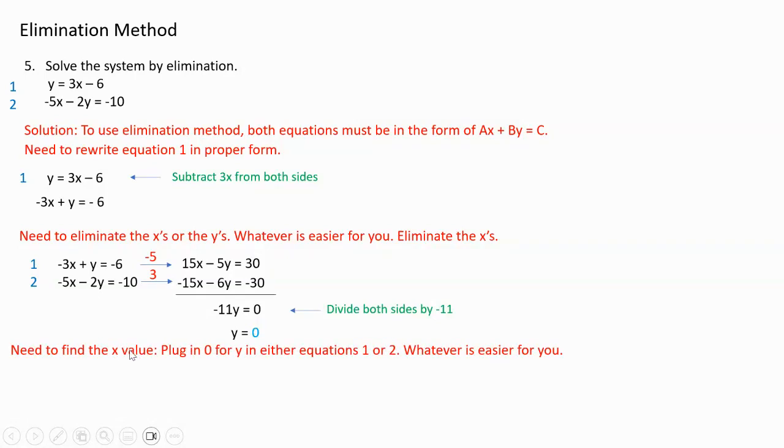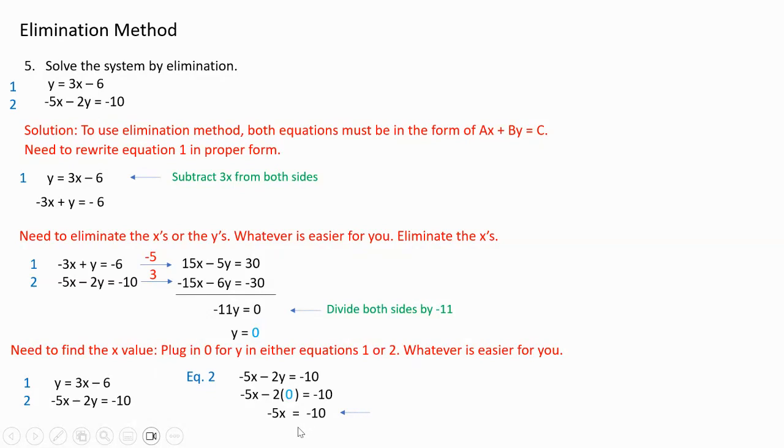Now we need to find the x value. So we're going to plug in 0 for y on either equation 1 or 2, whatever is easier for you. In my opinion, in this case, I'm going to plug it into equation number 2. But again, you can plug it into either one. So I'm going to plug in 0 for y. It will give us negative 5x equals negative 10.